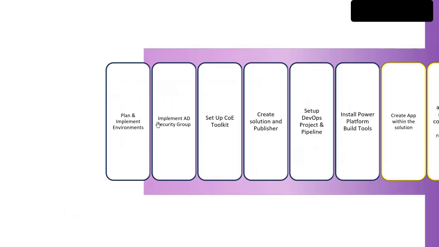And then next you have to implement the AD security group. You know how in Power Apps, all the users are put into security groups, and the security group is used to assign to the app. Why we recommend that you assign the security group to the app instead of manually assigning every user is so that if you want to remove them, you just remove the group and everyone is removed.